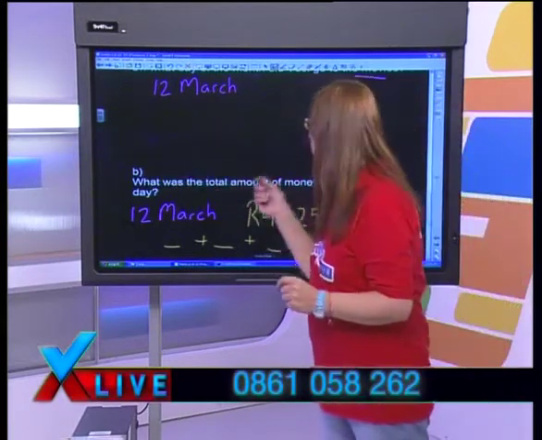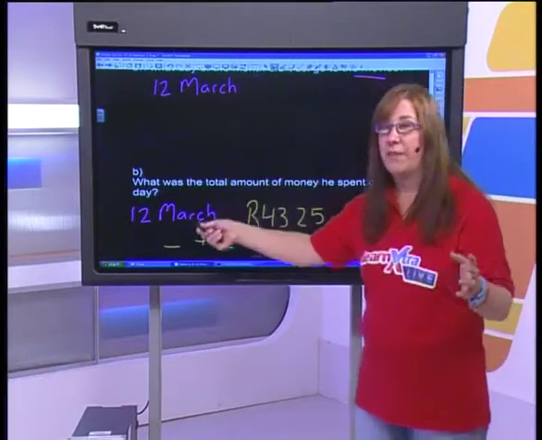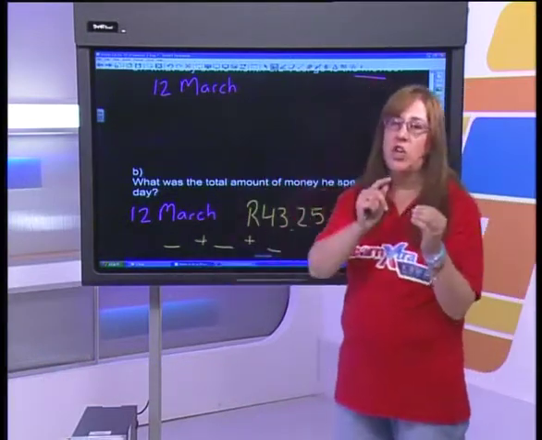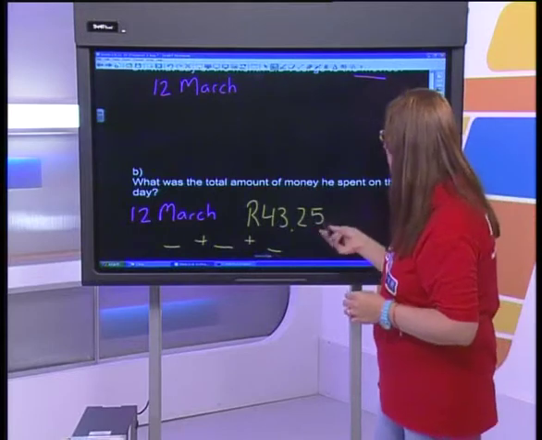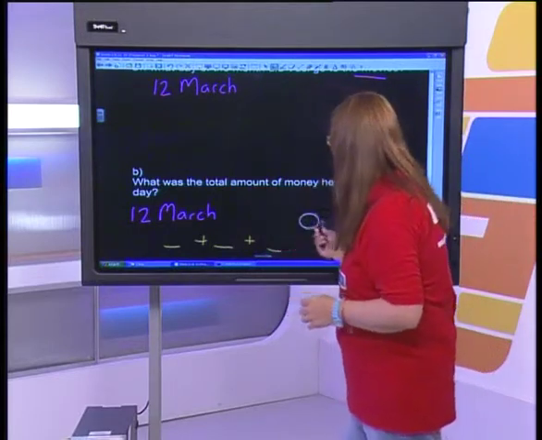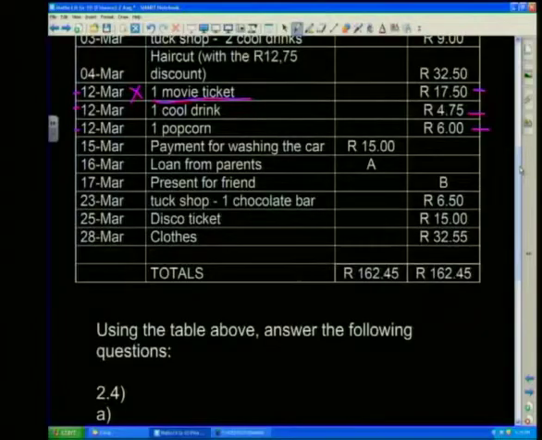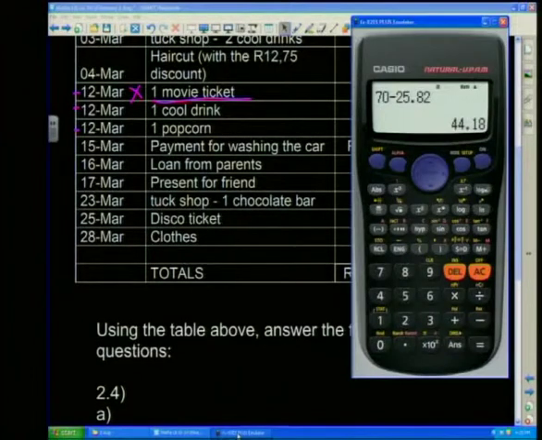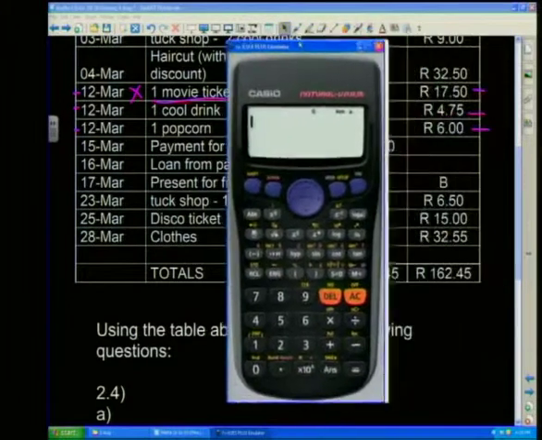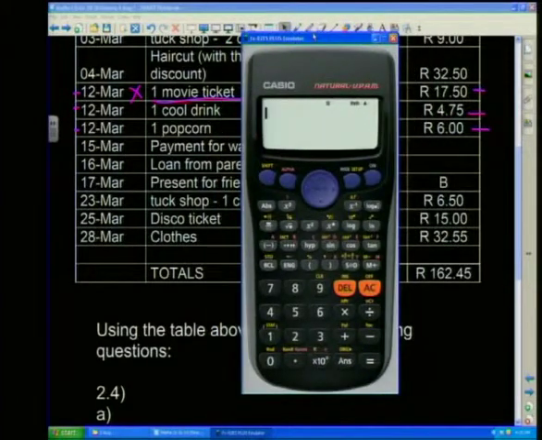So the problem was the total amount of money that he spent on the day of the 12th of March. So I'm actually going to go back and I'm going to redo this calculation. So let's just delete that because that answer was incorrect. So on the 12th of March, let's get our calculator out. On the 12th of March, he had a movie for 17 Rand 50.